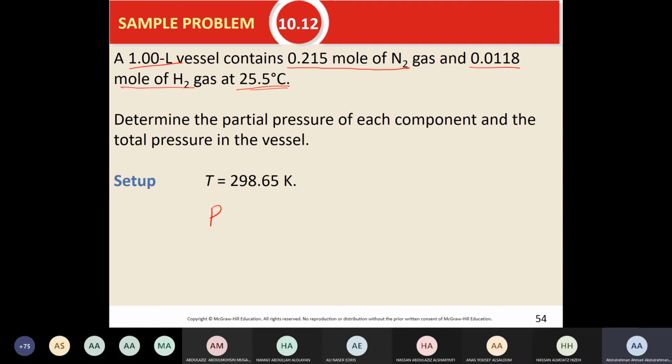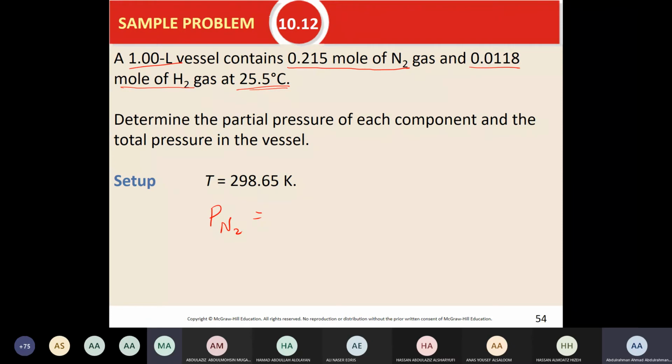So what's P of N2? What are you going to do? Use the number of moles of N2. How are we going to get the pressure? Ideal gas law.